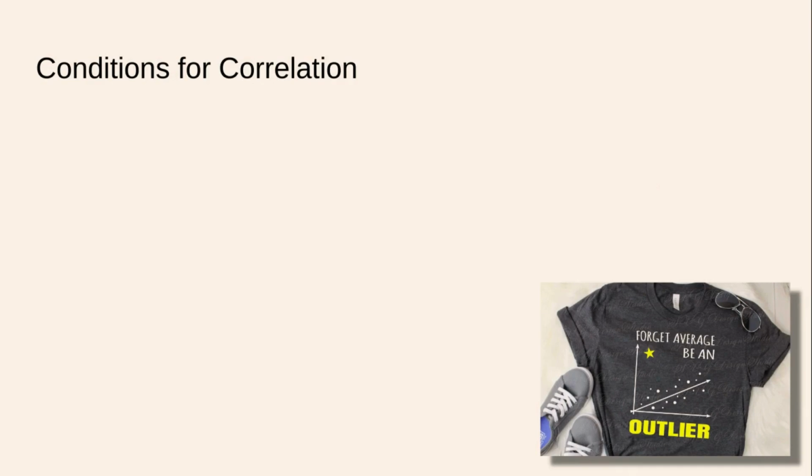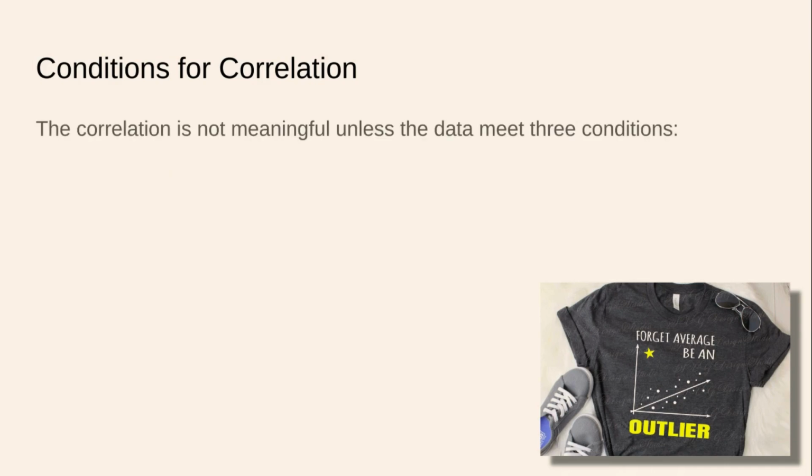There are some conditions we need to consider for the correlation, okay? The correlation is not meaningful unless the data meet 3 conditions. You can compute the correlation for any set of bivariate data, any set of data that is reasonable for a scatter plot.